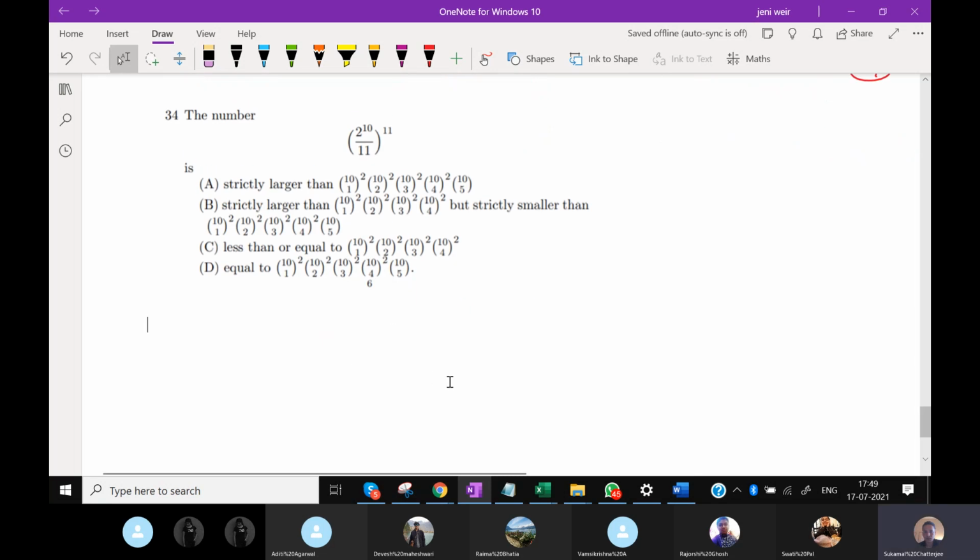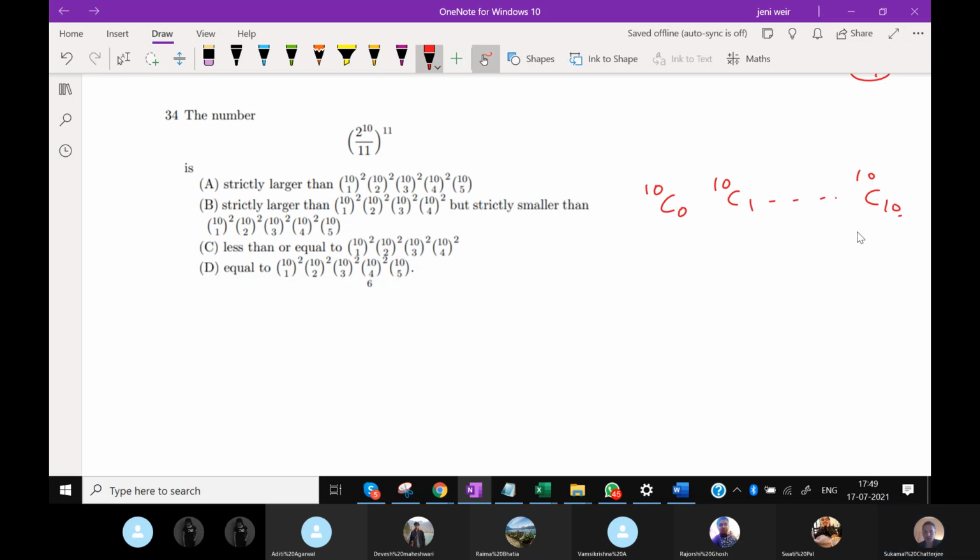This number is strictly greater than this, larger than this, smaller than this, etc. Now I can understand that they are trying to relate the number to 10C0, 10C1, etc., up to 10C10.